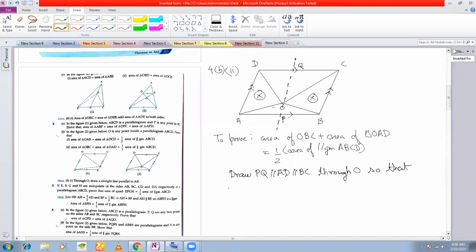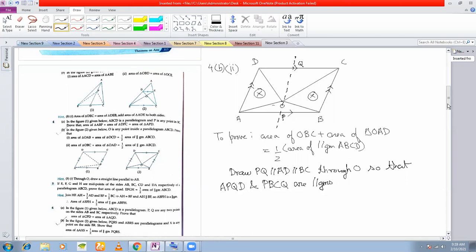What are the parallelograms? We get APQD and PBCQ are parallelograms. Okay, so with the help of the dotted line, I have divided the entire parallelogram into two parallelograms.